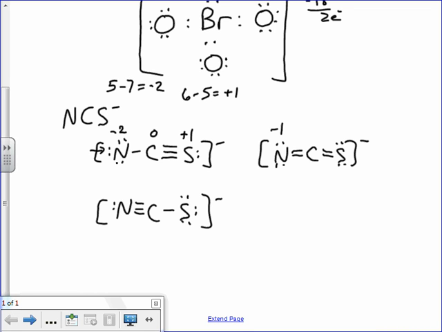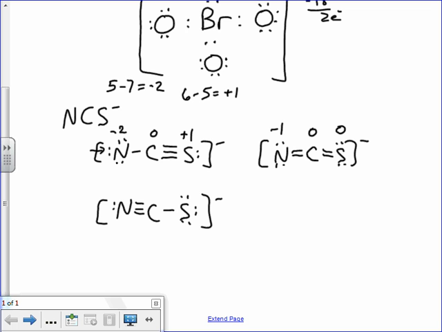Carbon has 4 electrons assigned to it, so it still has a formal charge of 0. And then the sulfur here has a formal charge of 0, right? Because it has 6 electrons assigned to it, and it has 6 valence electrons. That one's looking pretty good, all right? Now the nitrogen maybe has a little bit more electron density around it than it typically likes, but that's not a bad structure, okay?